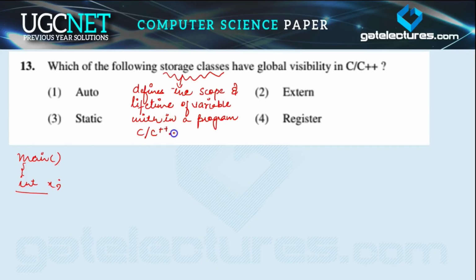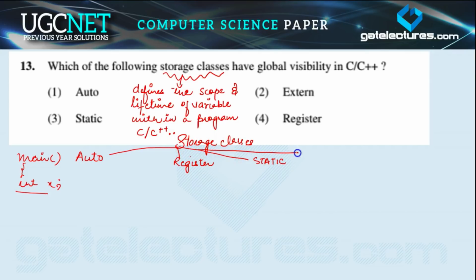Now we have different types of storage classes. Let's talk about the different types of storage classes. The first type is auto, the second type is register, the third type is static, and the fourth type of storage class is extern.